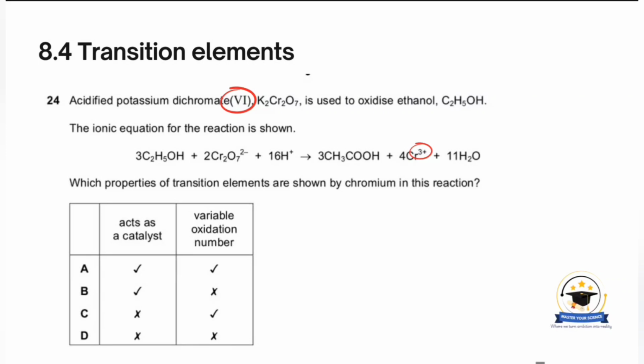The chromium here has changed oxidation numbers, so we haven't regenerated it, so it's not acting as a catalyst in this case. So that means we eliminate A and B, and we eliminate D, and our correct answer is C.